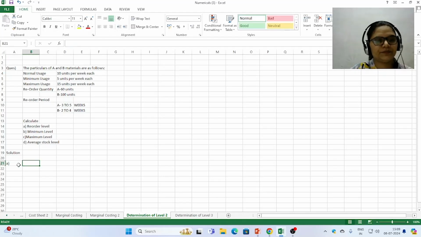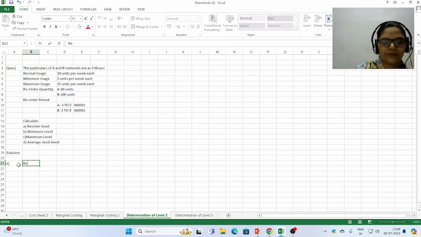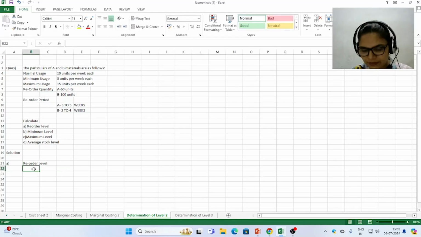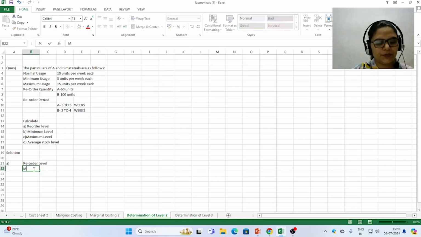Reorder level. We know the formula for reorder level is maximum rate of usage into maximum lead time.